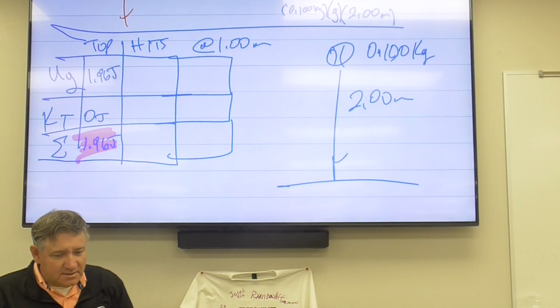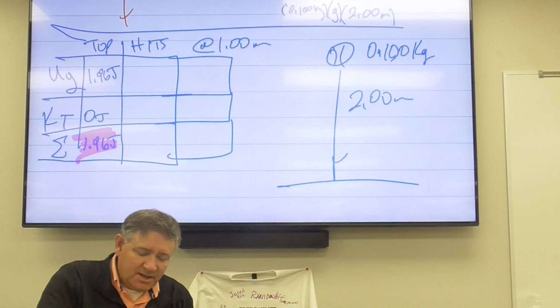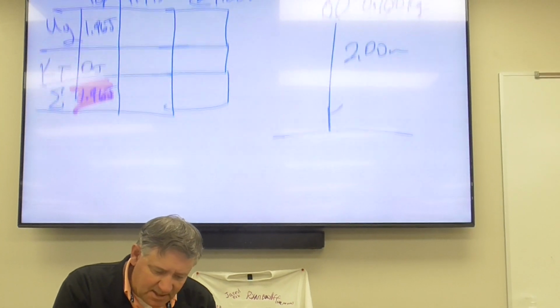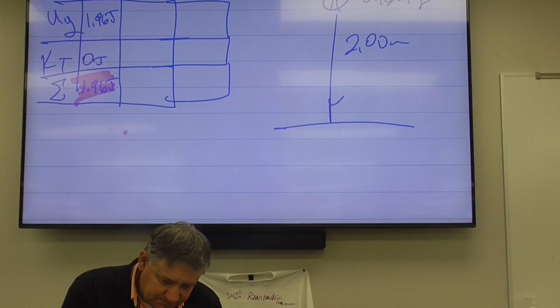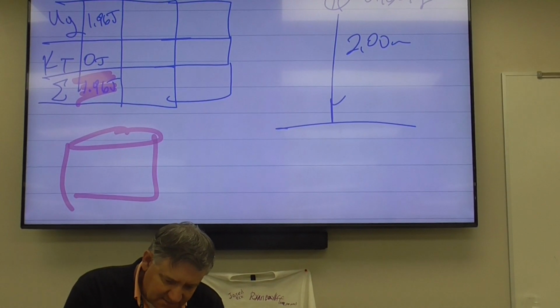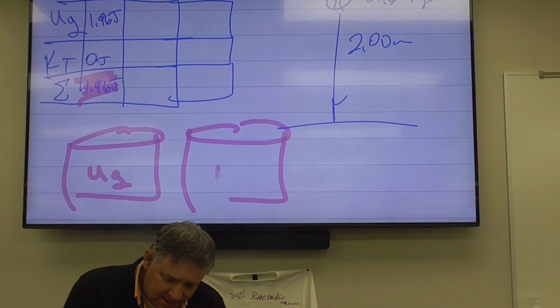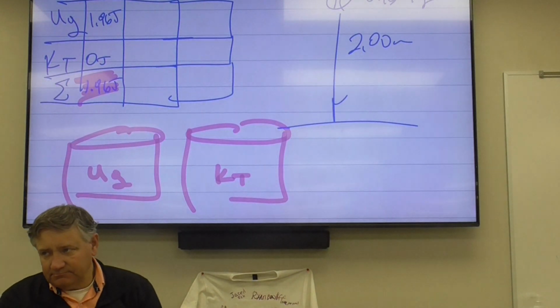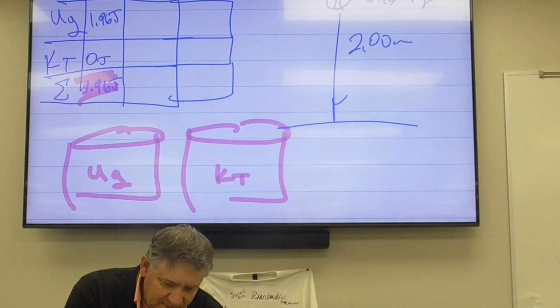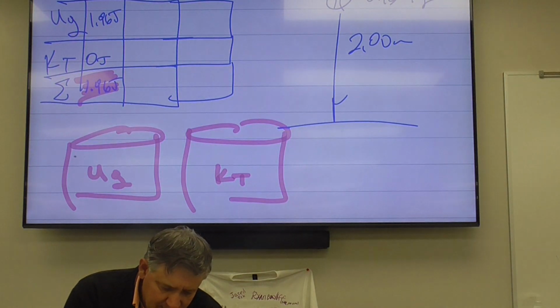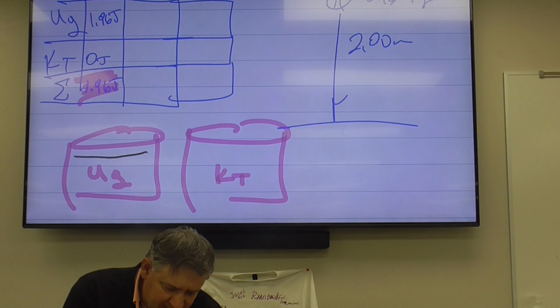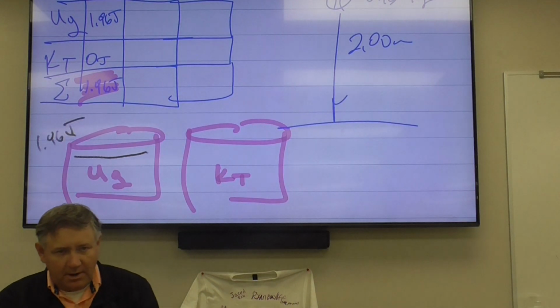If you're into the idea of containers, and some people like this analogy, I've got a UG container and a kinetic energy container. At this point, my UG container is filled up to a 1.96 joule mark.